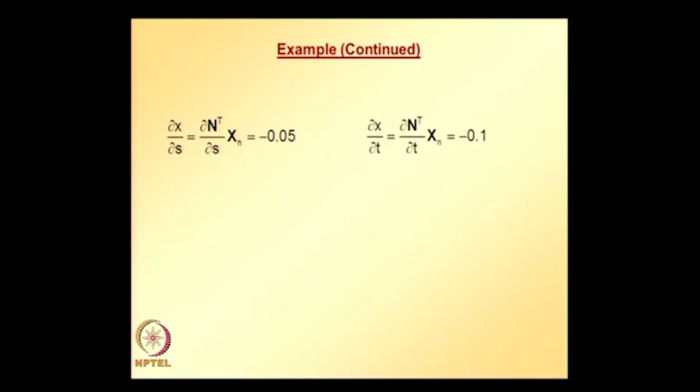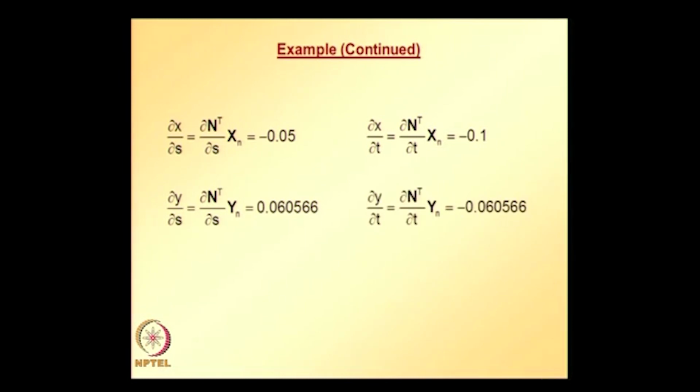Similarly, the other quantities, the partial derivative of x with respect to T, and the partial derivatives of y with respect to S and T, can be calculated. Once we have all these quantities, we can easily calculate the determinant of the Jacobian, and once we have the determinant of the Jacobian, we can easily calculate the B matrix, the Bx vector.